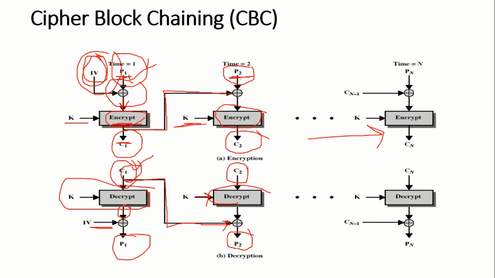So that process you have to understand: in encryption we were chaining the output, and while decrypting we are chaining the input which we are giving into the decrypt algorithm. Fine. So this is the cipher block chaining mode, in which the previous cipher blocks are chained together.